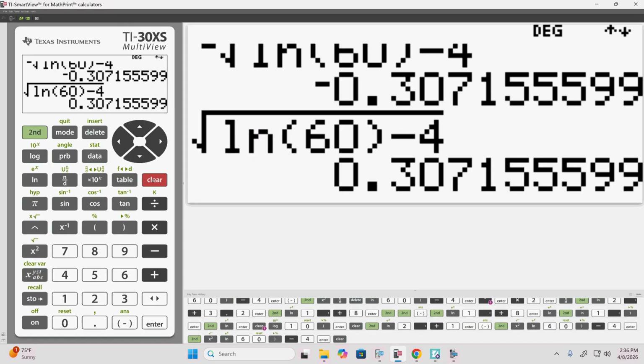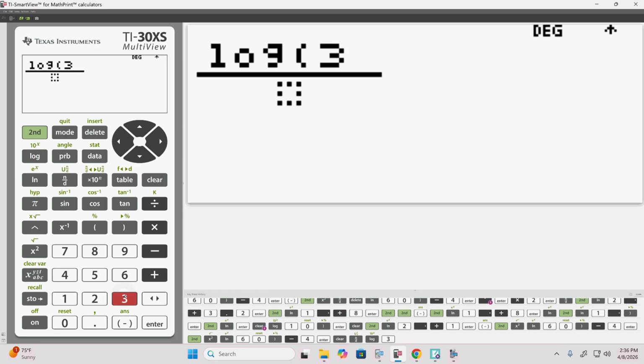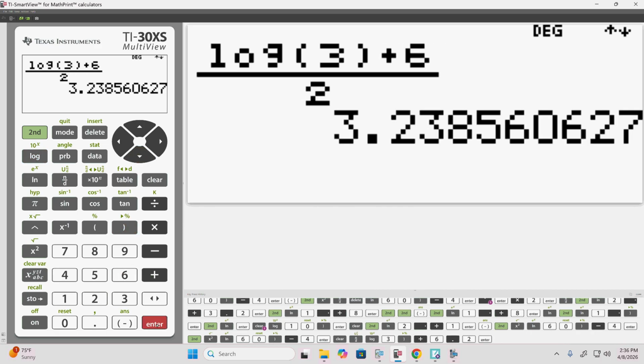So we're saying x is greater than log of 3 plus 6 over 2. If I wanted to know what that value was, I can do log of 3 plus 6 all over 2. So it's 3.238560627, or 3.239.